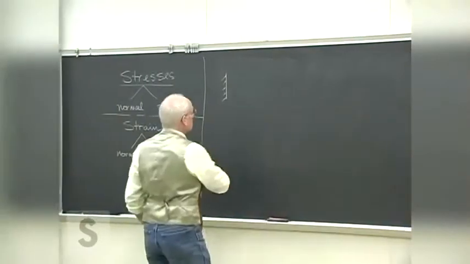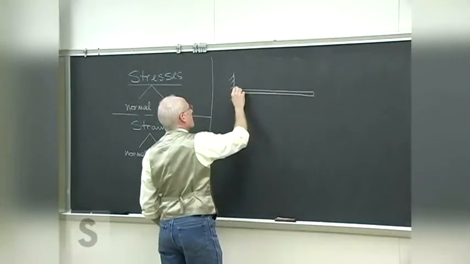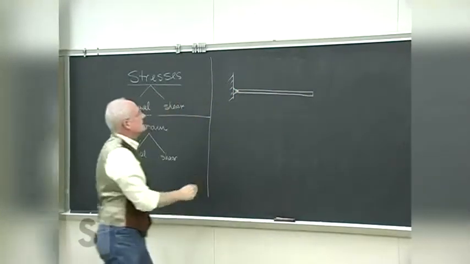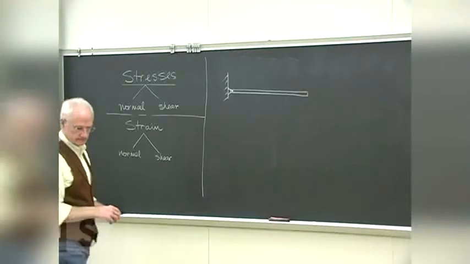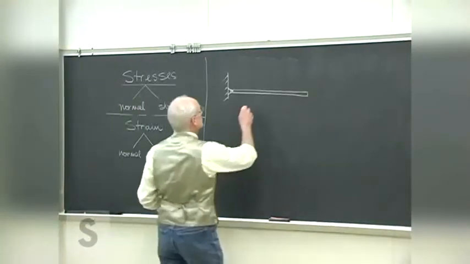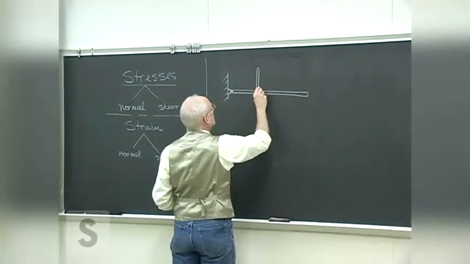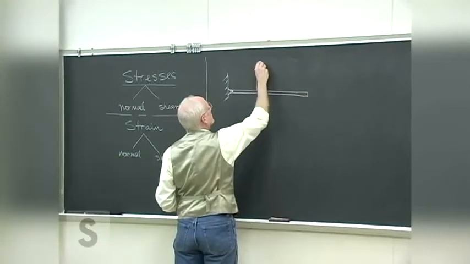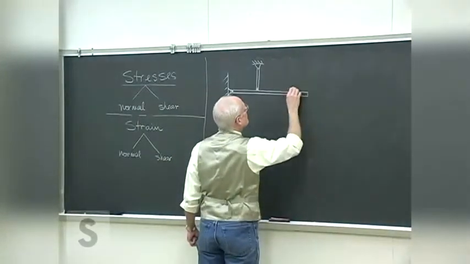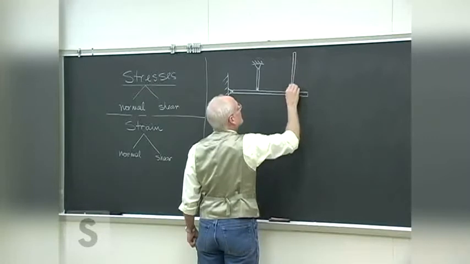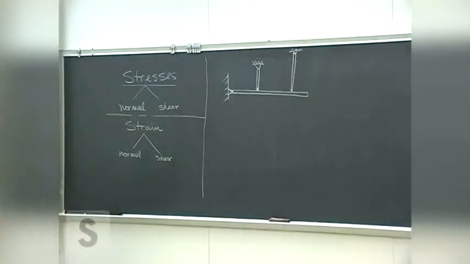Imagine we have a simply pinned beam of some kind, supported by two rods, one about here, and these are also pinned, and then one a little bit farther out, and a little bit longer.